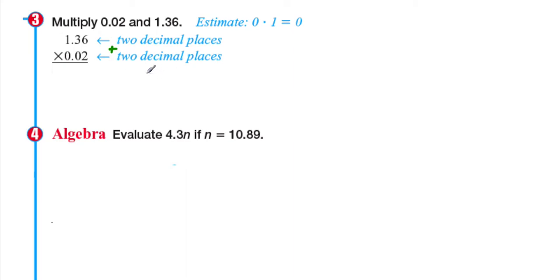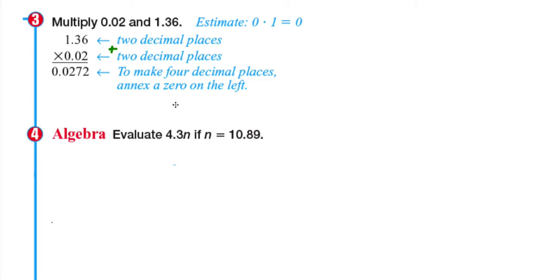The key to multiplying this type of number, even though you have 0.02, is all you need to do is multiply by 2. 2 times 6 is 12, carry 1, 2 times 3 is 6, 7, and 2 times 1 is 2. You don't have to use the 0 in your traditional method, and that's why you end up with 0.272, because you have 4 decimal places after adding the 2.